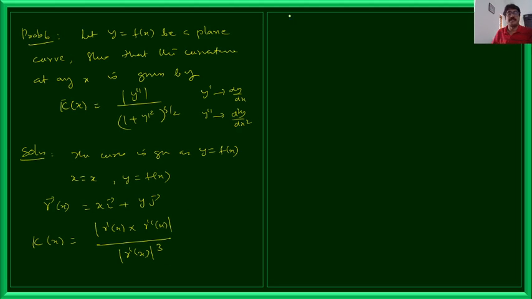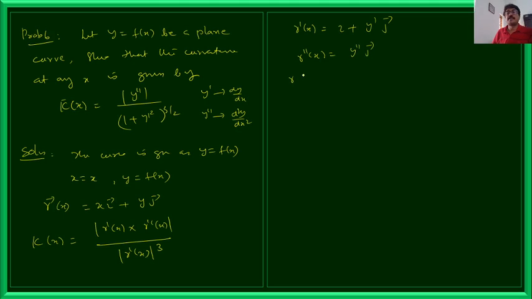So what is r dash x? r dash x is equal to derivative of x, i, plus derivative of y with respect to x, which is y dash j, and r double dash x is equal to 0 plus y double dash j.